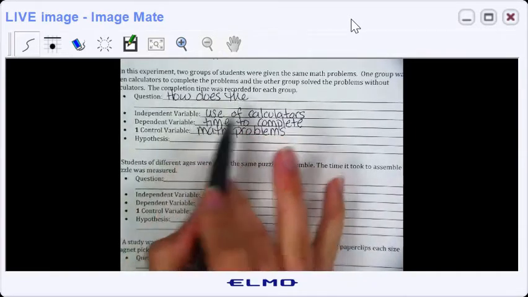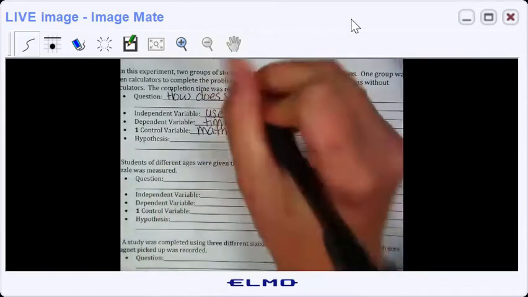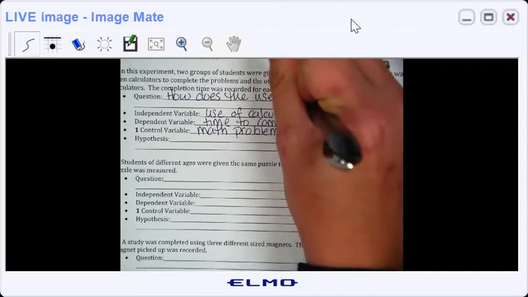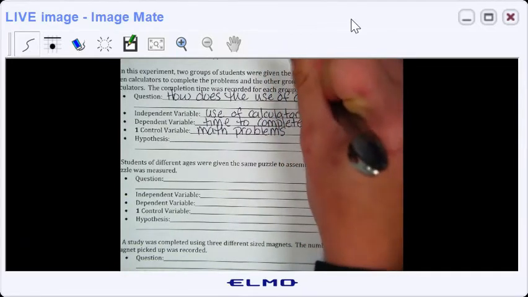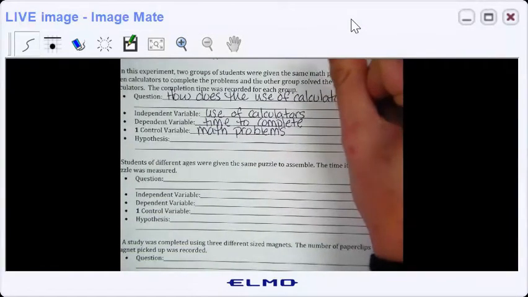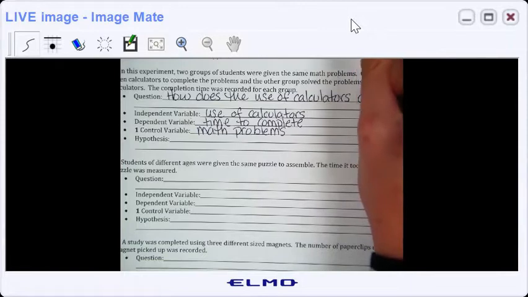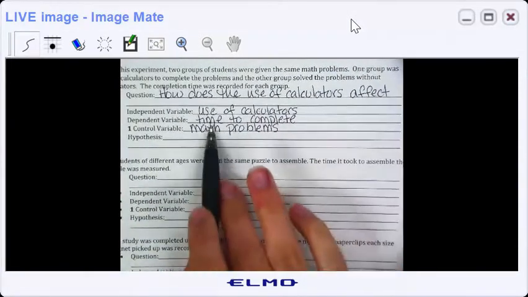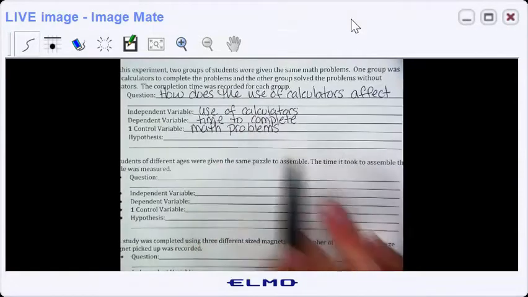So how does the use of calculators, and then we need our connecting word, that connecting word affect. And what does it affect? It affects the time to complete math problems.